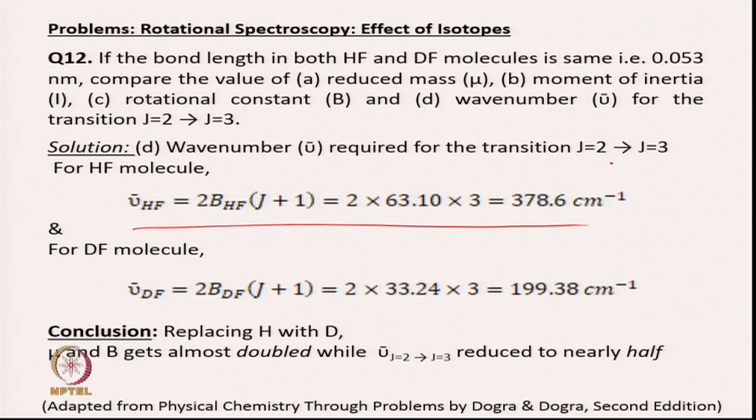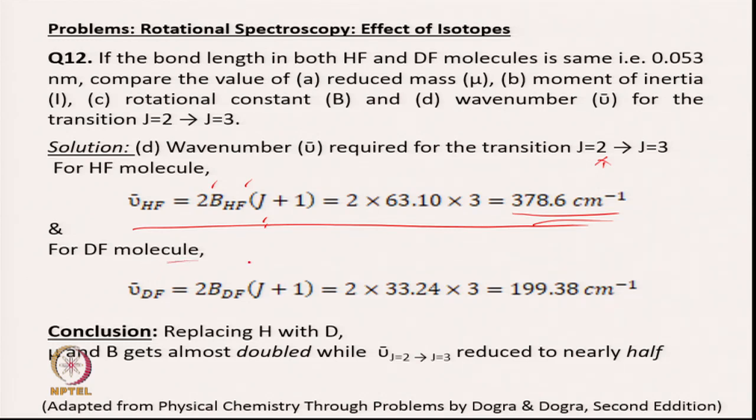Here transition is happening from j is equal to 2, so you can calculate 2B into j plus 1, and this is 2 into 63.1 into 3, and the answer is 378.6 centimeter inverse.